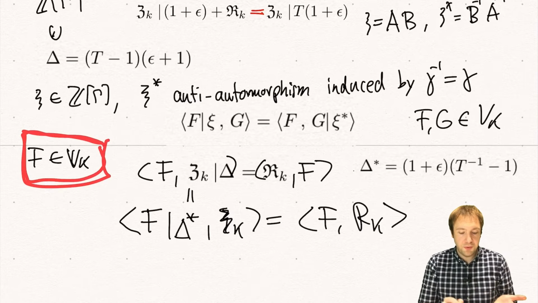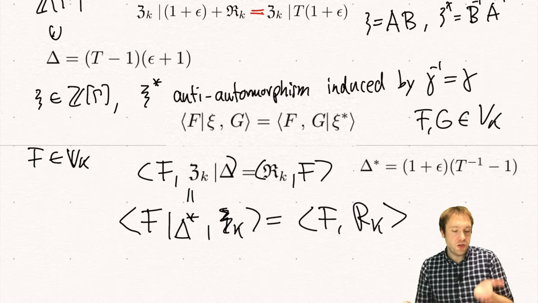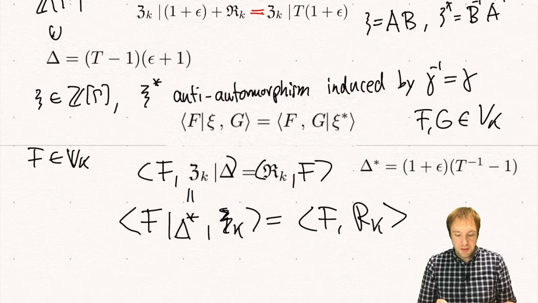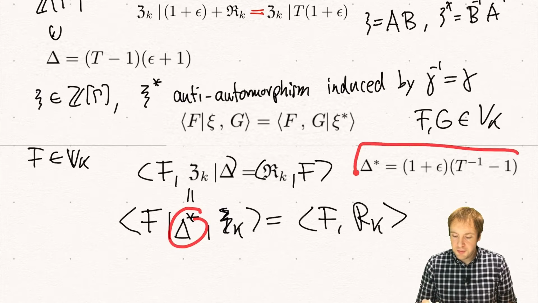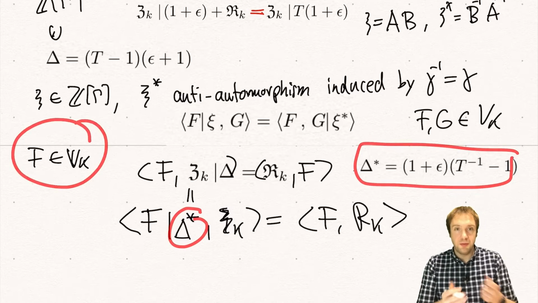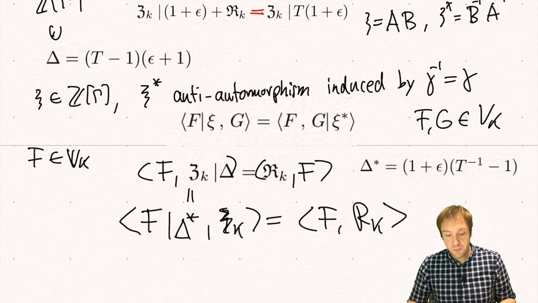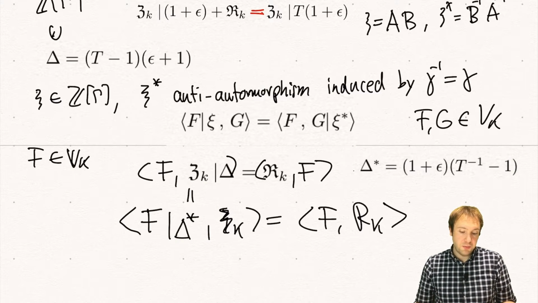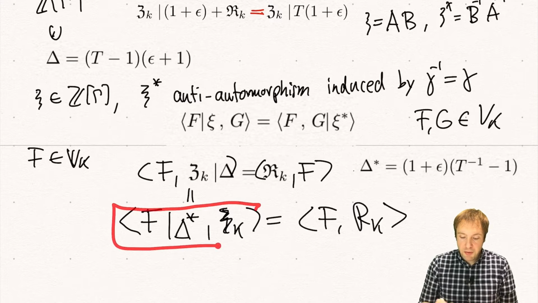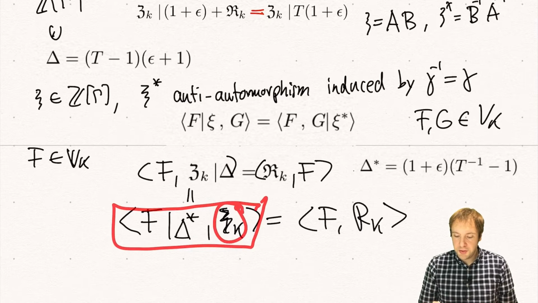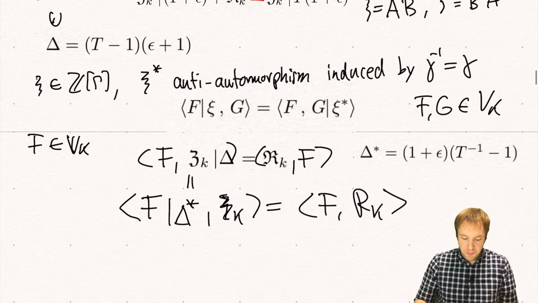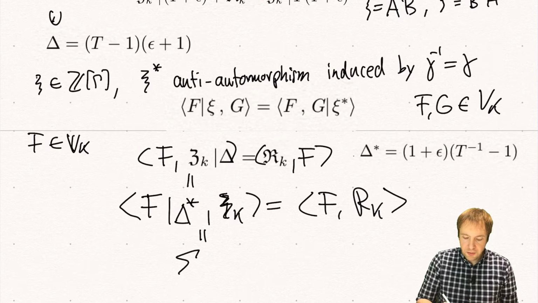So you can start with your favorite homogeneous polynomial of degree k minus 2. Then you can let this element delta star act on this. This gives you again a new polynomial of degree k minus 2. And then you can take the pairing of this polynomial with this generating series. So in other words, this will give you some linear combination with some coefficients of these z_{k1,k2}.